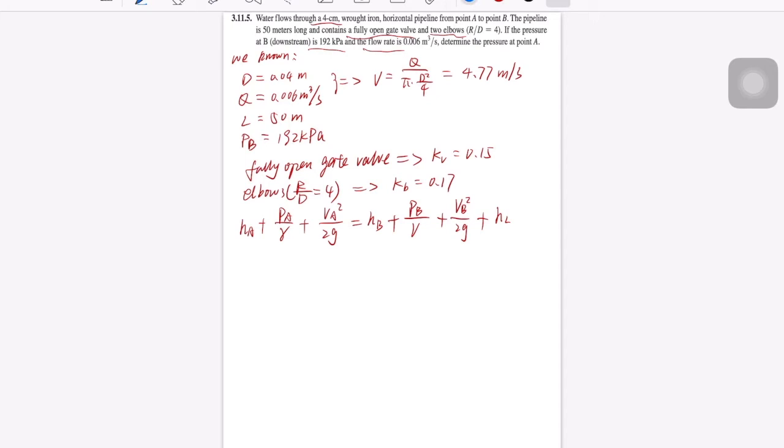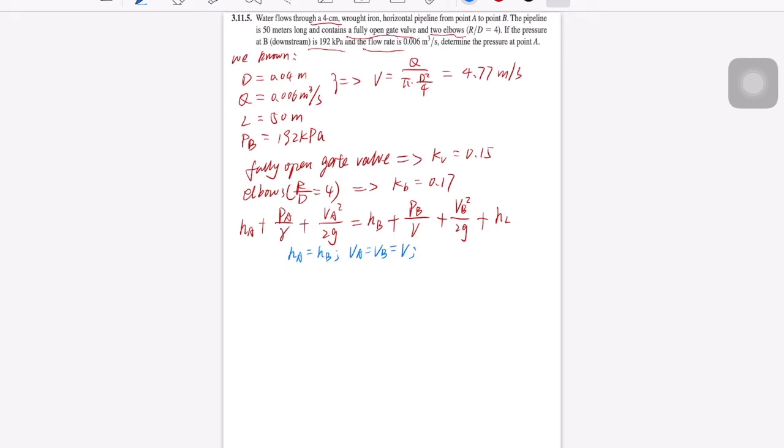Since the pipe is a horizontal uniform pipeline, we can get HA equals HB, VA equals VB, and the total loss of head includes the friction head loss and the head loss incurred at the valve and the 2 elbows.